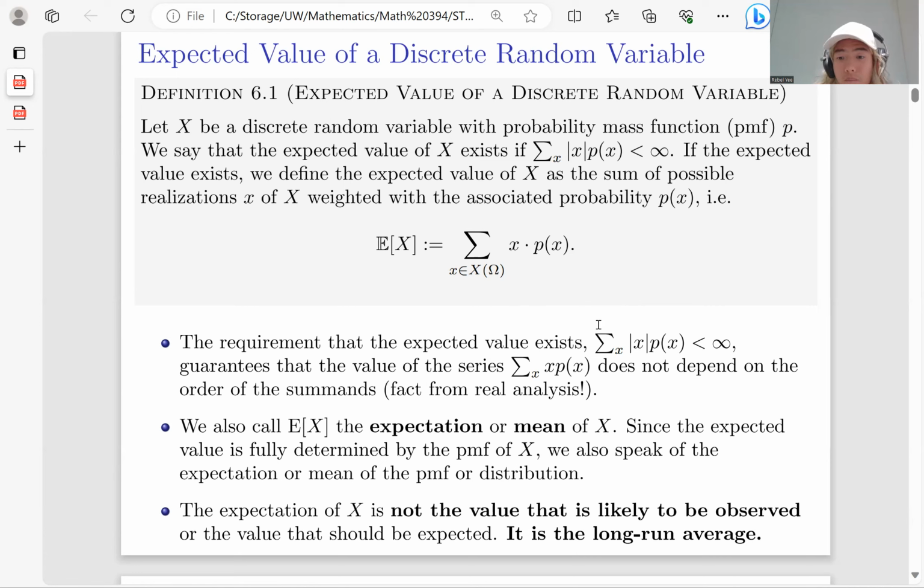But if the sum of all of the x times the absolute value, because it can go positive and it can go negative, so we use absolute value to balance that out, and if the absolute value times the probability of x is smaller than infinite, which means it's finite, then we use this formula to calculate it.